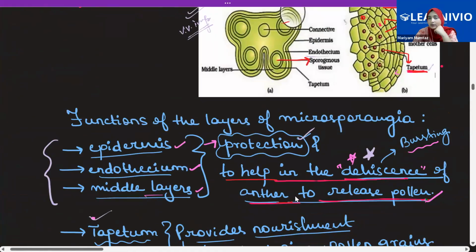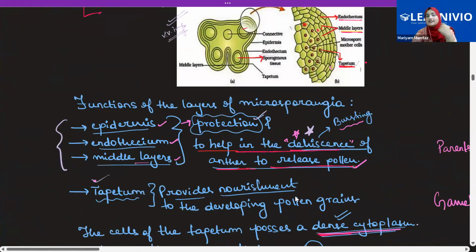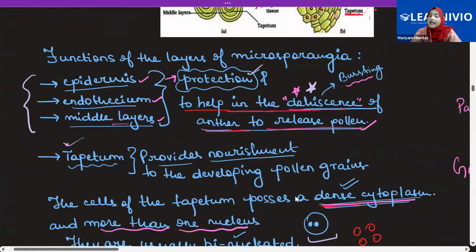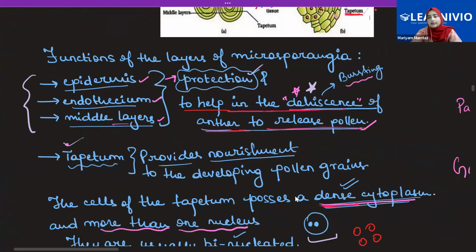So now let us see what are the functions of each of these layers. The epidermis, the endothecium, and the middle layer are responsible for protection. Firstly, they are responsible for protection and they help in the dehiscence of the anther to release the pollen grains.